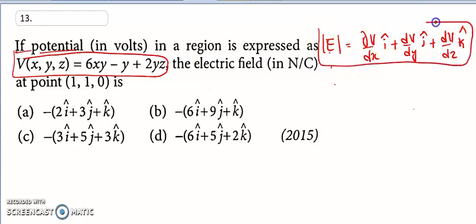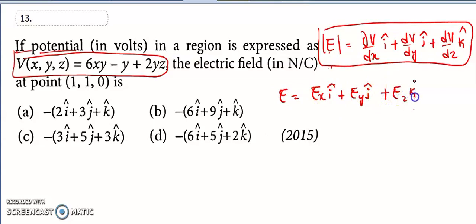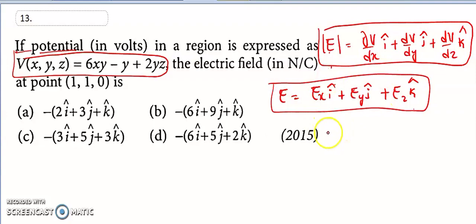This is the relation between electric field and potential in the coordinate system. E is equal to Ex i cap plus Ey j cap plus Ez k cap. So Ex is equal to dV by dx, that is equal to 6y.